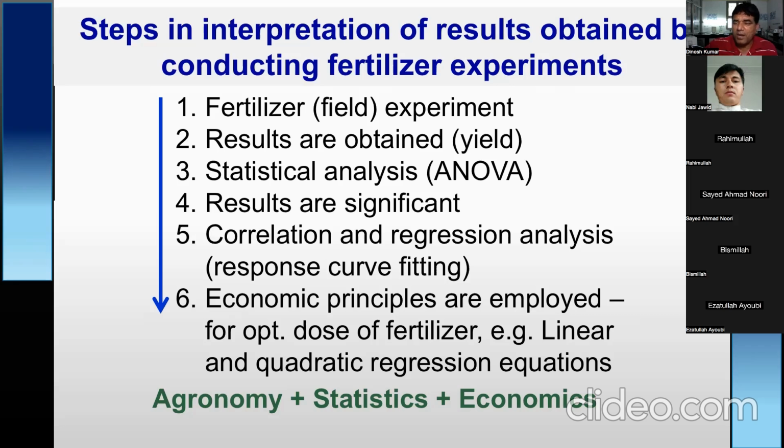We need to analyze those reasons. We want to see the reasons for this variation, meaning variance. So analysis of variance means it partitions different components of variation. Which particular element has caused variation in the yield? Who is responsible for variance in the yield or in the data?